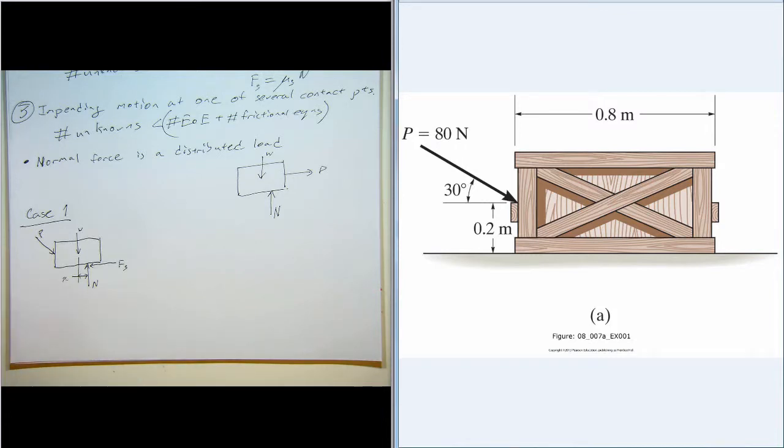So there are two ways in which this could possibly move. If P is big enough, if the horizontal component of P is big enough, then the box could slide.